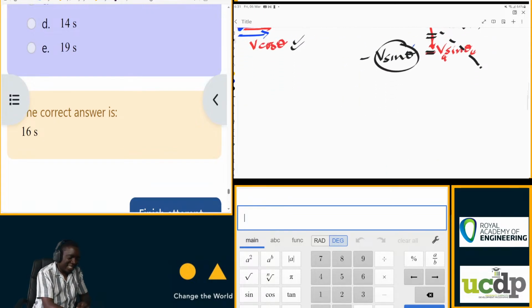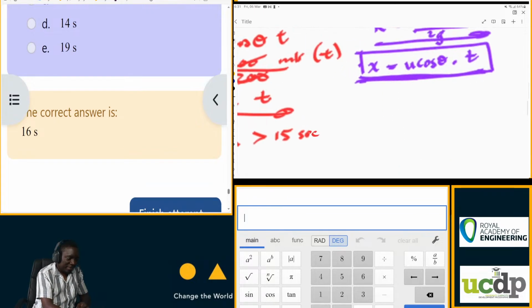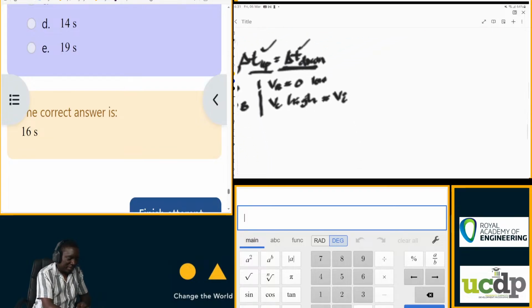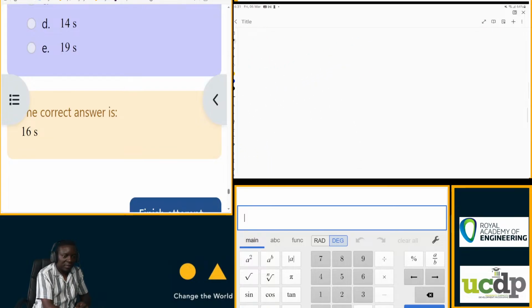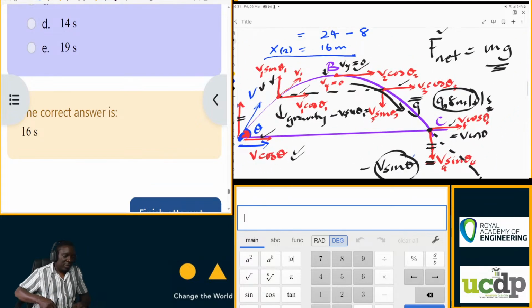Let's hear it. Okay, let's exemplify using a horizontal motion with relation to F net equals ma. If I have a stationary object and I want that object to be in motion, I'm applying a force. Then if I'm applying a force, the object will move at a particular velocity.